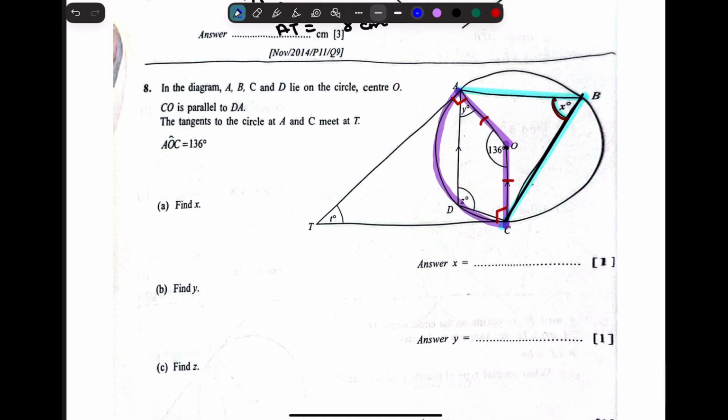All we have to do is divide 136 by 2 in order to find angle X, which gives us 68 degrees. So angle X is 68 degrees. Let's write that down, 68. Find angle Y.